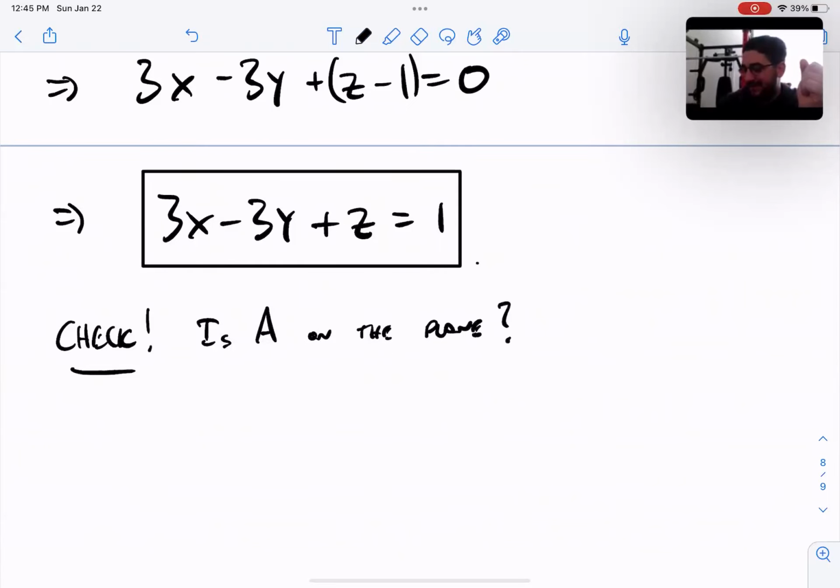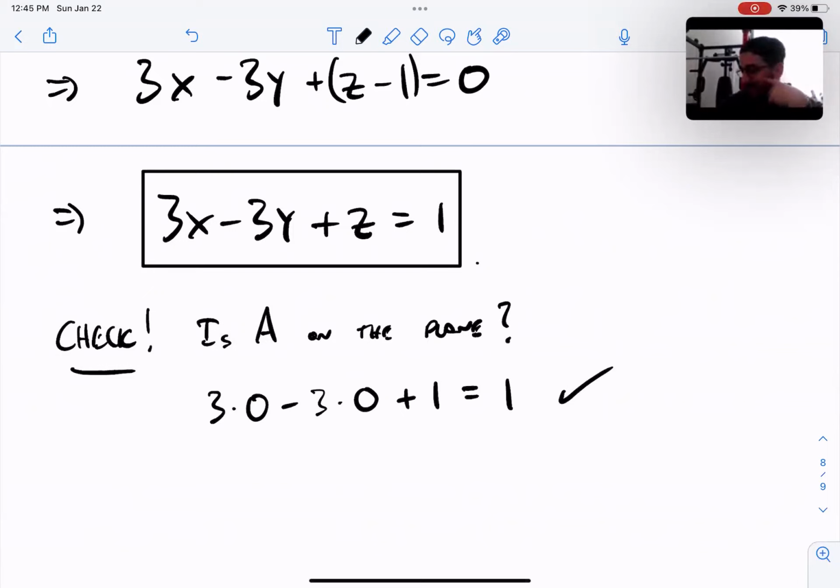We're the flight crew here. We're checking if all the registered passengers are actually on the plane before we pull away from the gate, right? So let's check, is A on the plane? A was 0, 0, 1, which is 1. Good. Is B on the plane?